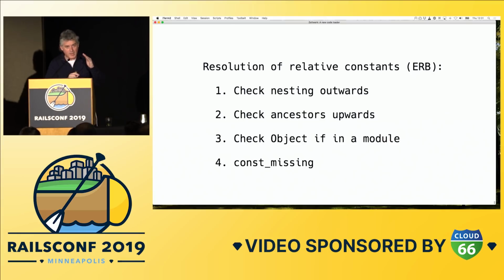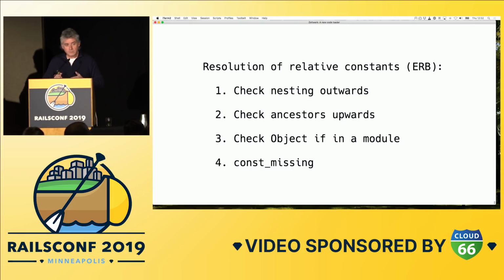If the constant is not found, then you go to the ancestors, upwards. Nesting first, ancestors then. Object is checked later if you are in a module, because Object does not belong to the nesting and does not belong to the ancestors of modules.